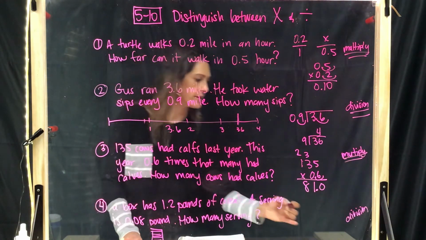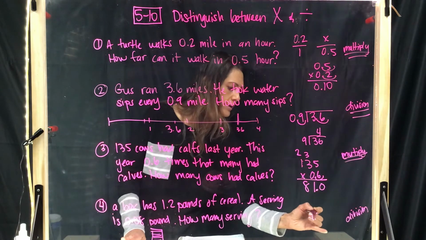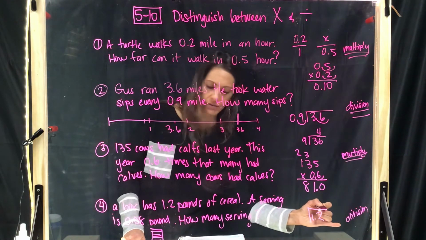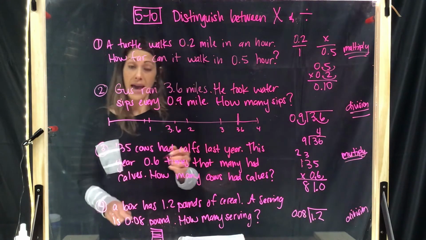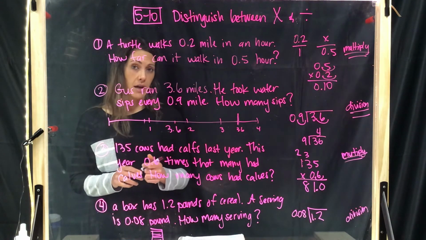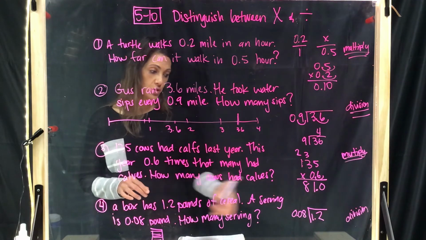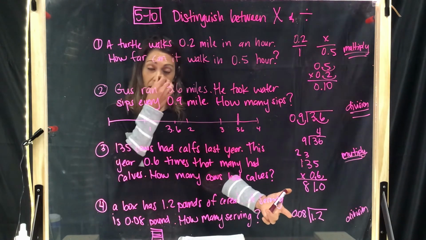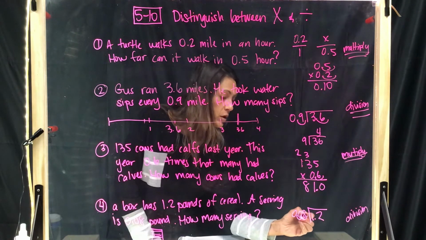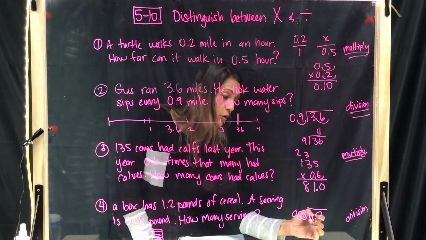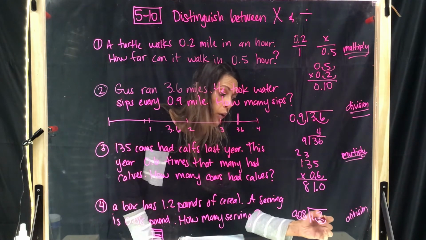And I'm going to take 1.2 and divide it by 8/100ths of a pound. And when I'm dividing decimals, I cannot have a decimal place in the divisor. So I'm going to go ahead and move that. Move the decimal over twice, which means I will move this decimal over twice. 1, 2.